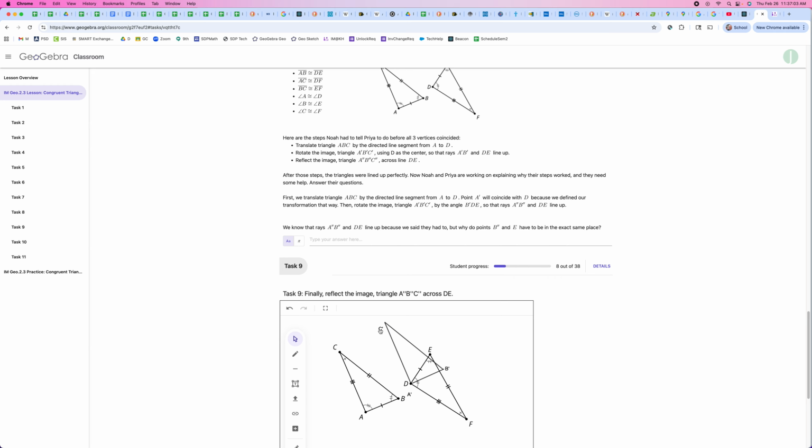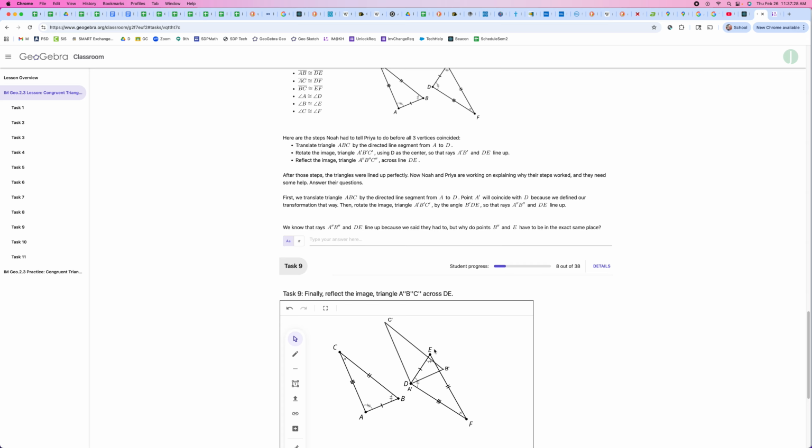Okay, so now we can tell what has happened. We've slid this up here. He says that he's going to use D as the center, and he's going to rotate until ray AB, which goes on forever here, if this is point A, well, it's now A prime, so that ray A prime B prime, which goes on forever out this way, lines up with DE right here.